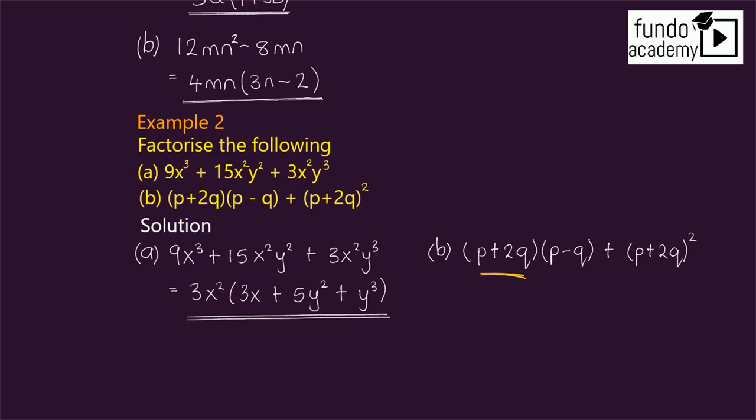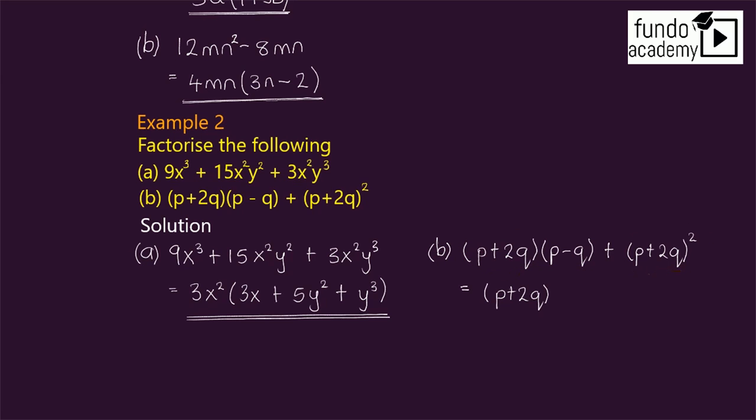We are finding p plus 2q over this side. We also have p plus 2q over that side. So the highest common factor in our case, the common bracket p plus 2q, is the one we factor out.